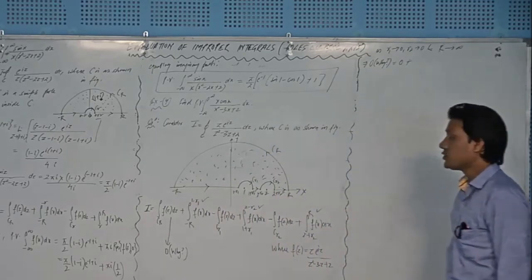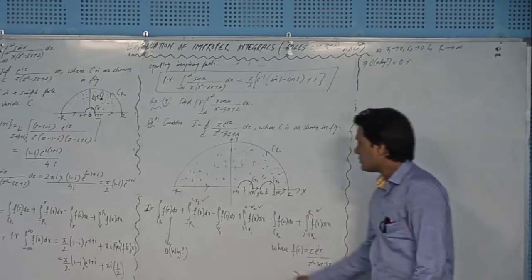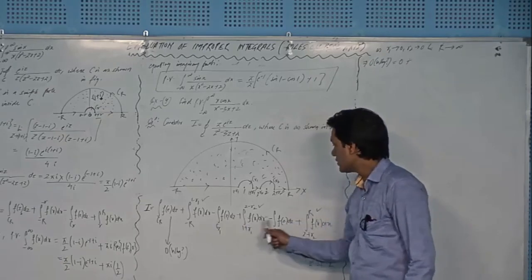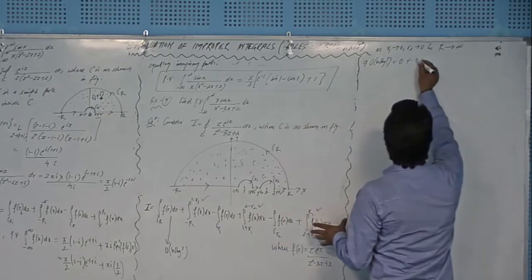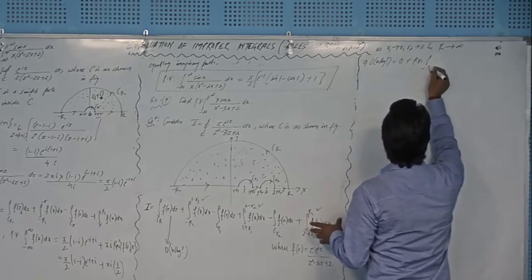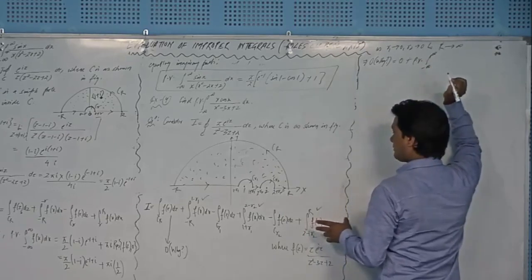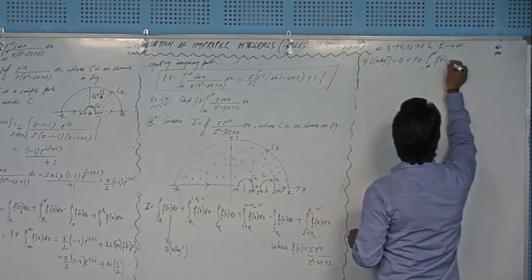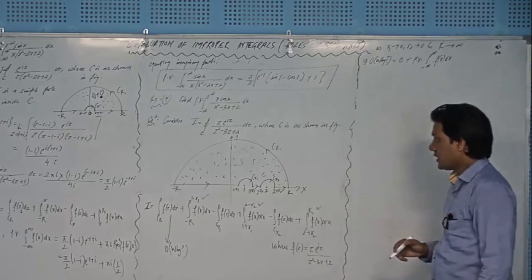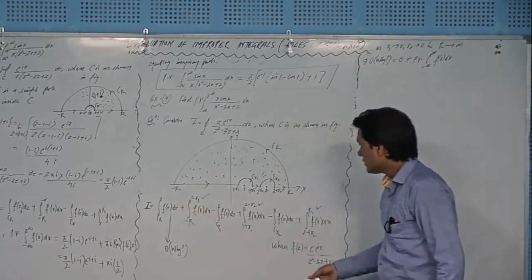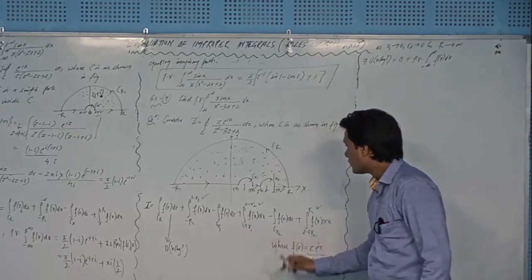These three integrals evaluated over the part of the real line, 1, 2 and 3, will be added up to give you the principal value from minus infinity to infinity of f(x) dx, right, and this goes to 0. Okay, that's fine, and we are left with this one and this one.